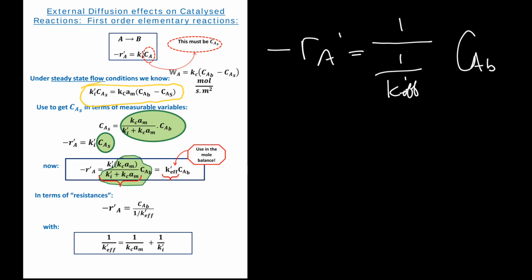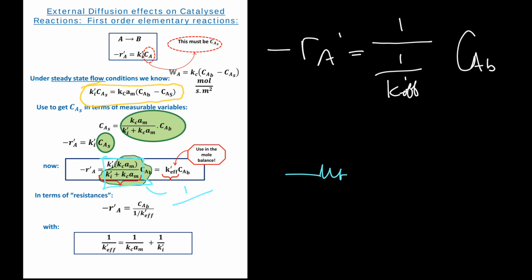You can now unpack this, and I leave the proof to the listener or the reader, to see that I can actually write 1 over k effective. So if I should take this whole equation and take its inverse, I can write it as the resistance due to the external diffusion plus the resistance due to the actual surface reaction rate.